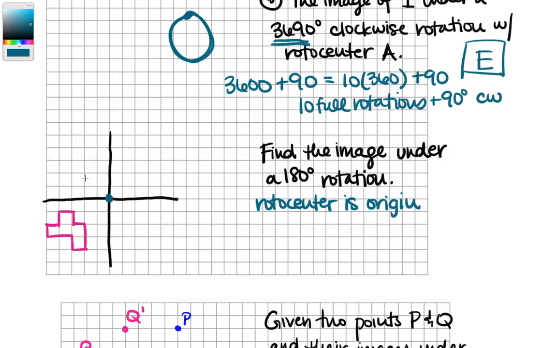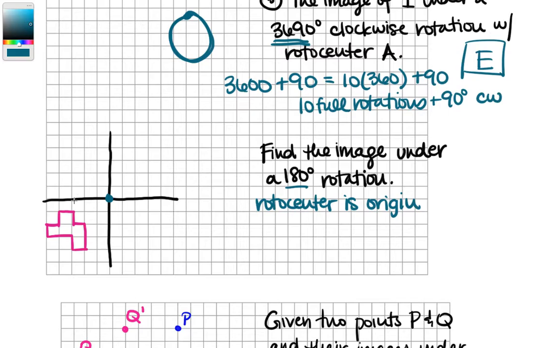Okay, so 180 degrees. We should note here we don't have a direction, but 180 degrees one direction and 180 degrees in the other direction is going to end up in the same place. So whenever it's 180, you don't actually need clockwise or counterclockwise because it doesn't matter. So I'm going to think about going clockwise.